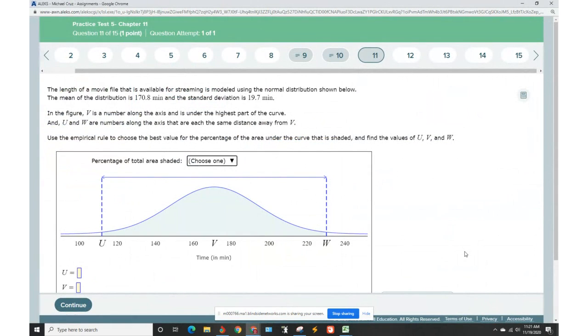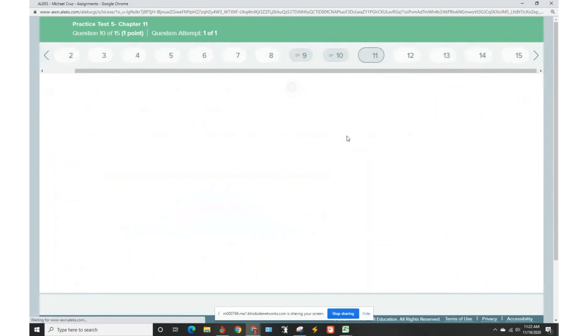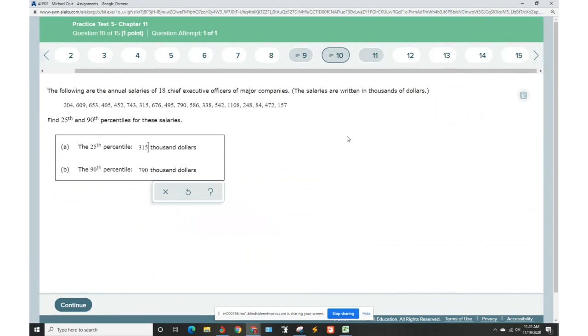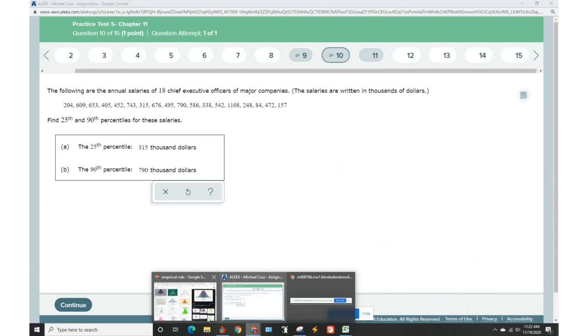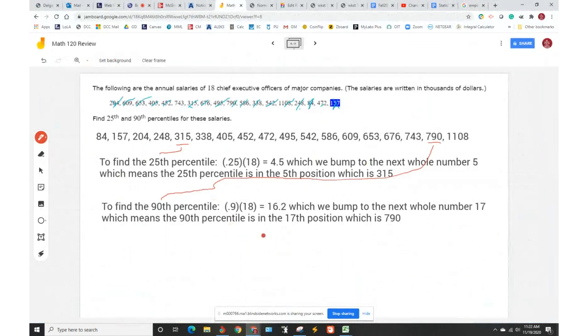Quick question. On the last one for the percentiles, when it's not an integer, do you always round up to the next number? You always have to round up, because if you were to round it down, let me show you what happens. So 16.2.